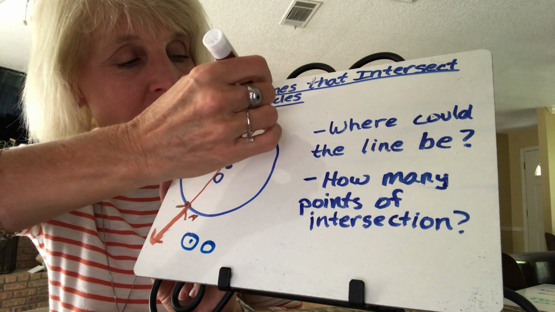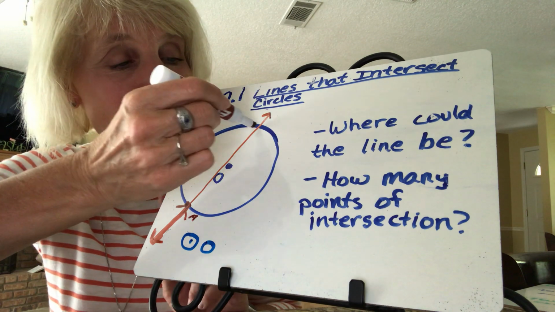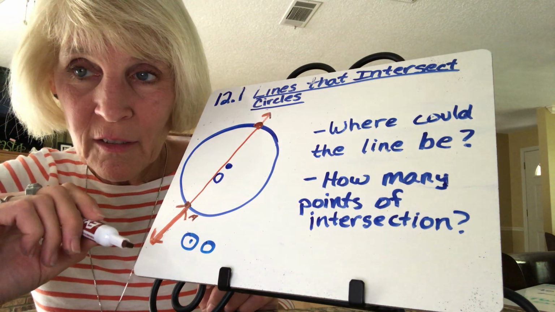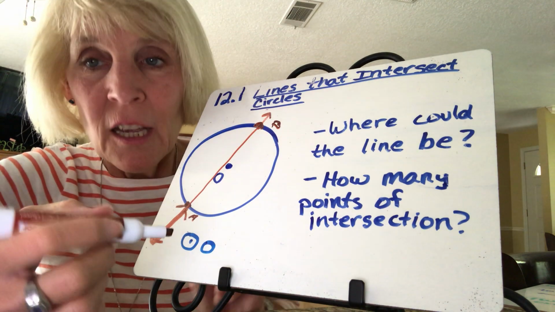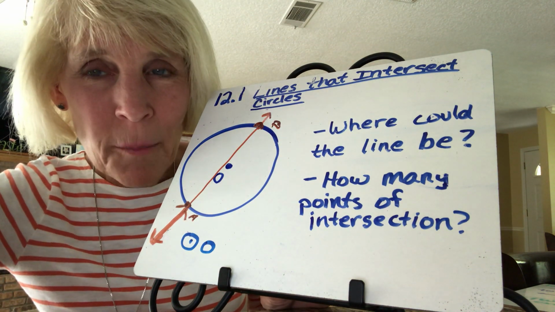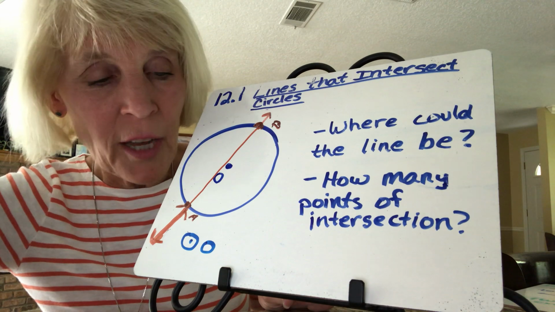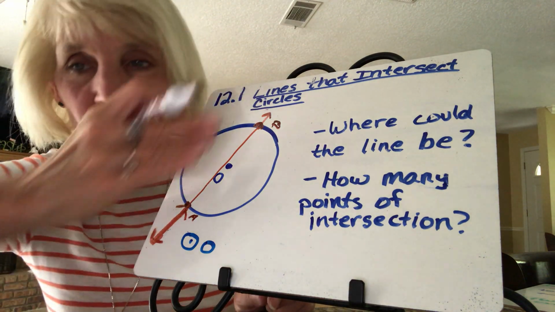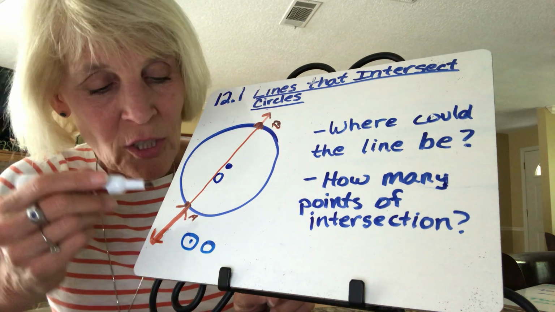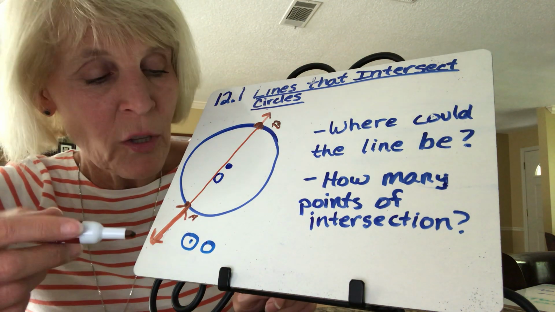So if I go on and on forever, it would have 2 points of intersection. So this line is called a secant. Now I'll give you a summary of all the vocab at the end, so don't worry about writing it all down right now. Just kind of think about what could happen. So a secant would have to intersect the circle at 2 points.